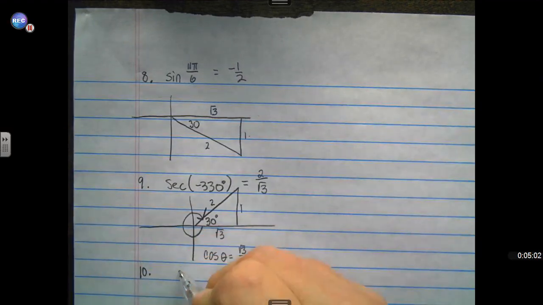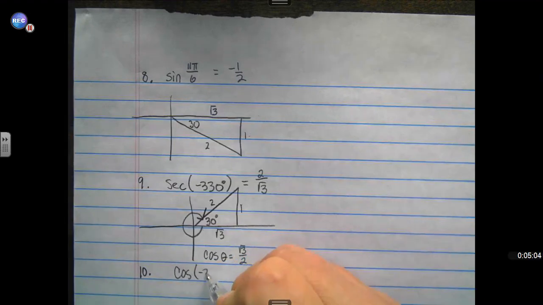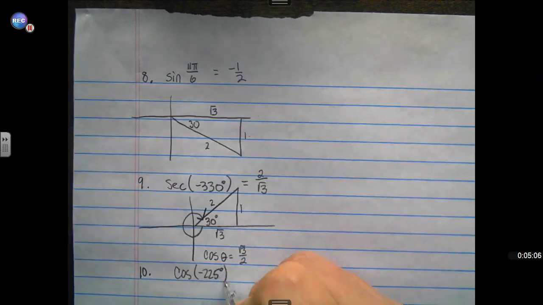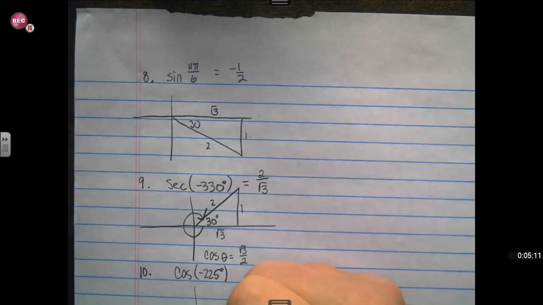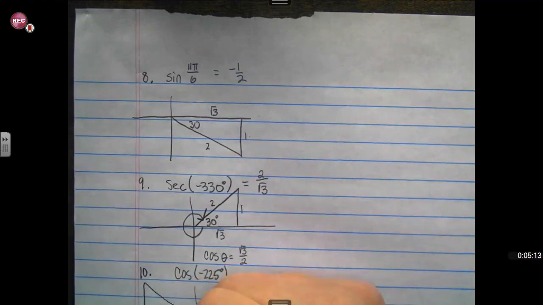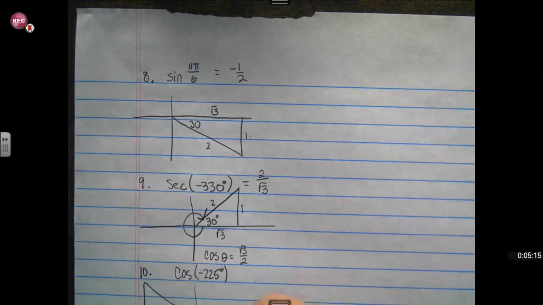Number 10, we have the cosine of negative 225 degrees. Negative 225 degrees is going to put me in quadrant 2. It would be negative 225 to here. This is 180. So that is a 45-degree reference angle. So I need to move my paper up, I'm sorry.